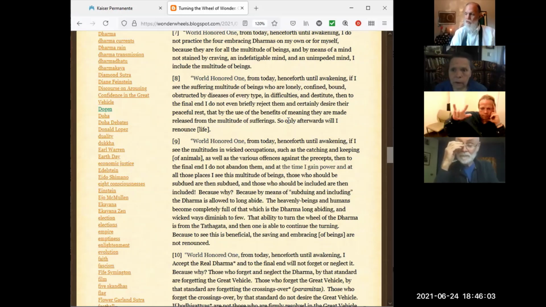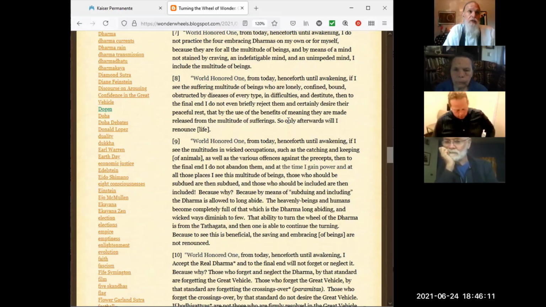Right. That's one interpretation, and it's a valid one. But what I'm suggesting, from what I would consider one vehicle Zen, if you will. That's what I want you to clarify. When we waken up, we say with the Buddha, I and all beings and the great earth are awakened.